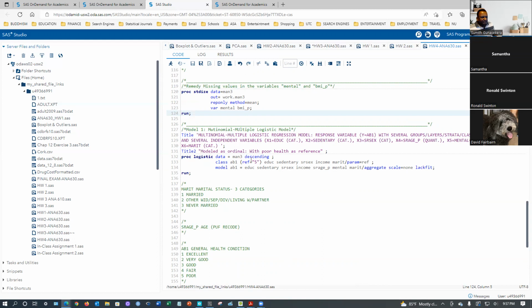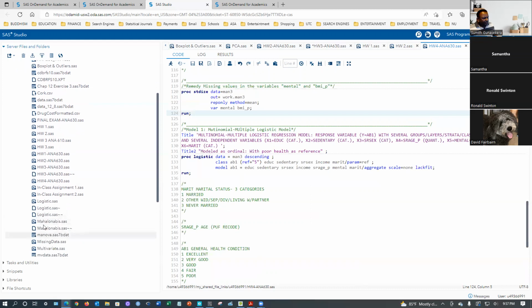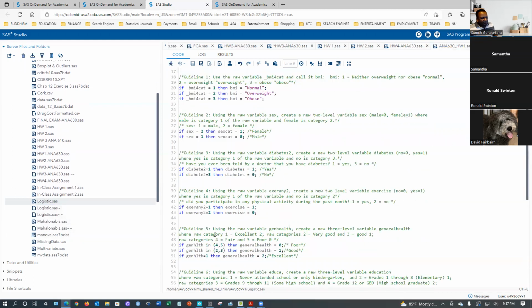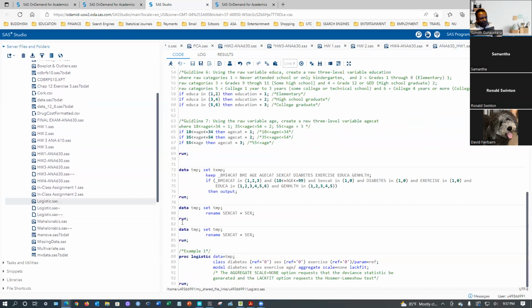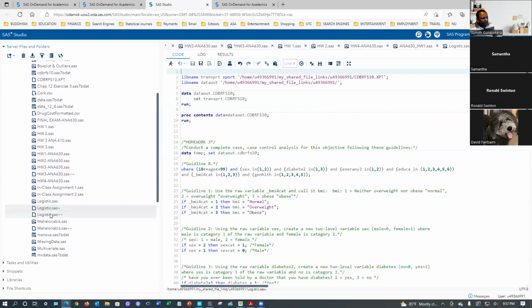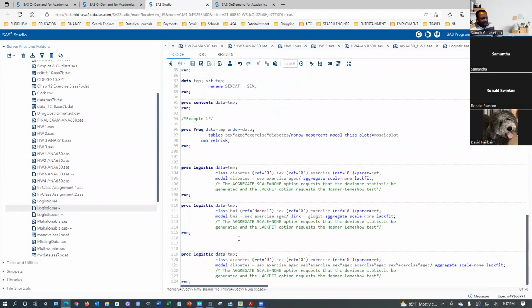So the same thing. For this one, I use the other data set here. Yeah, let's take this one.